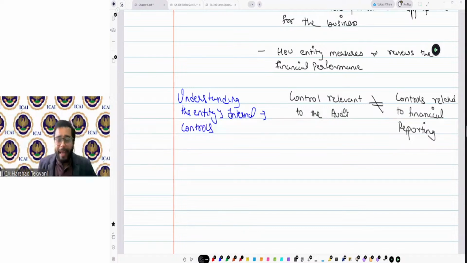Can anyone give me an example of a control which is not a financial reporting control, but could be relevant from the audit's point of view? A control not related to financial reporting, but relevant from the audit's point of view.